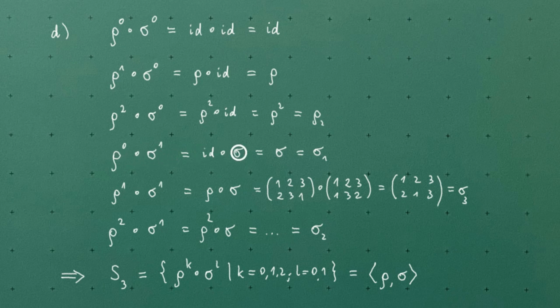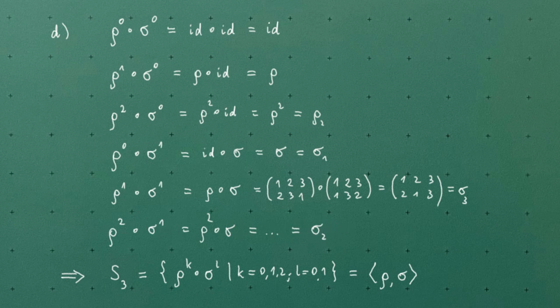Then here we end up with sigma 1. Now rho composed with sigma both to the 1st power gives me sigma 3, the reflection about symmetry axis number 3. And rho squared composed with sigma gives me sigma 2.